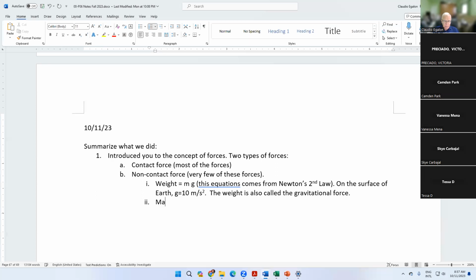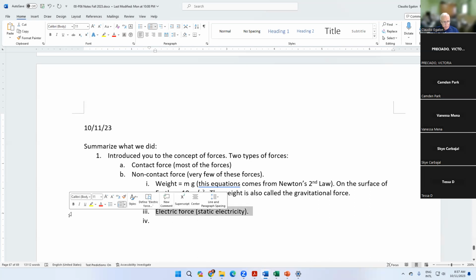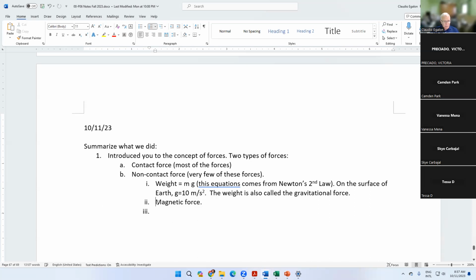The other force is the magnetic force that everybody should be familiar with. Another one is the electric force. You folks are familiar, right? Static, due to static electricity. You should be familiar with that as well. I put the electric force before the magnetic force, because we studied the electric force before the magnetic force.